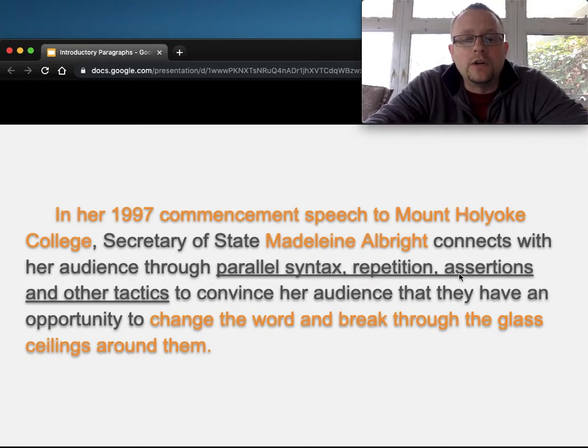However, assertions and other tactics, the way of setting up this essay would be to have these two together, parallel syntax and repetition, because they would be similar, and then you could have the assertions and other tactics in your other body paragraph. Notice a specific purpose, convince, that one word. What is she trying to do? She's going to convince her audience that they have an opportunity to change the world and break through the glass ceilings around them.